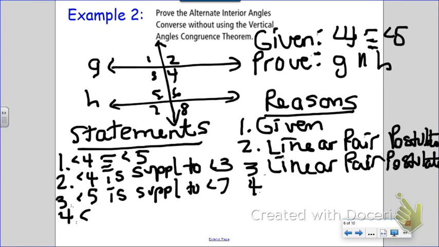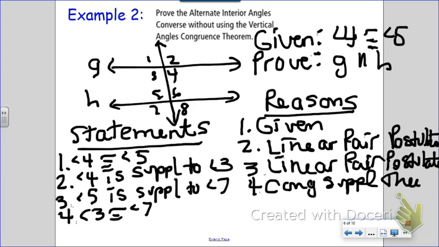So then we know that since 4 and 5 are equal and they're both supplementary to angles 3 and 7, that means angle 3 is congruent to angle 7, and that's the congruent supplements theorem, which is angles supplementary to the same angle are congruent.